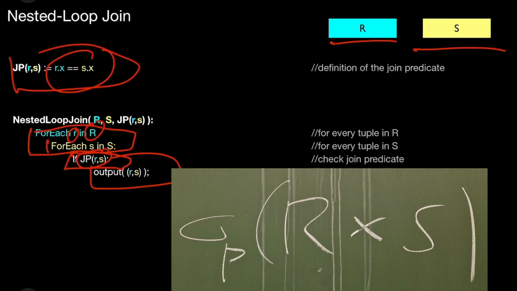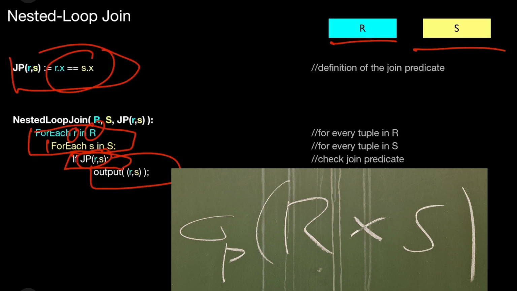That's my selection operator. So what this algorithm is doing is basically literally implementing this expression, saying, okay, for R and S, I really compute the cross product, which is a squarish number of results, and then for each tuple produced here, I check whether that tuple qualifies under the given condition.